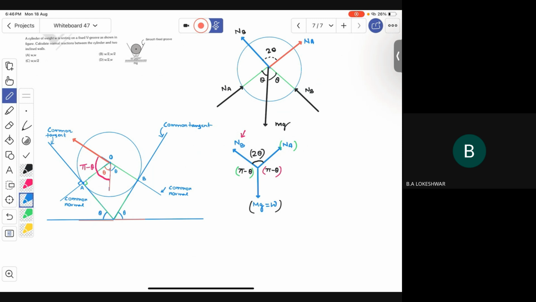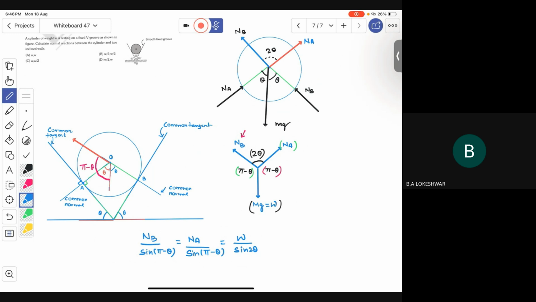So I will write NB by sine of the opposite angle, pi minus theta, correct? And NA by sine pi minus theta. This is the more headache way to solve; I will tell you the other easy way also. And Mg is W, so opposite to that is 2 theta, so sine 2 theta. Okay, no?